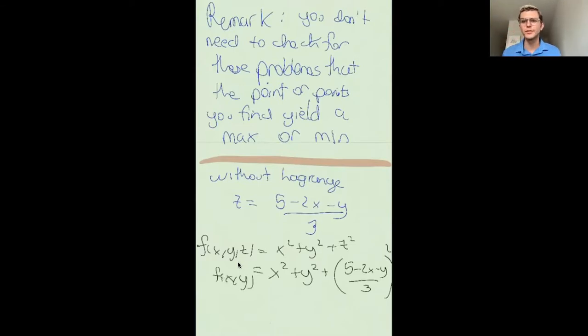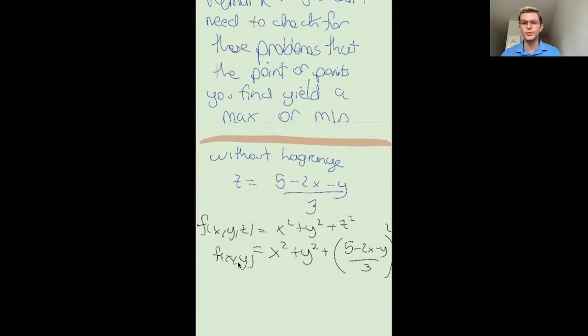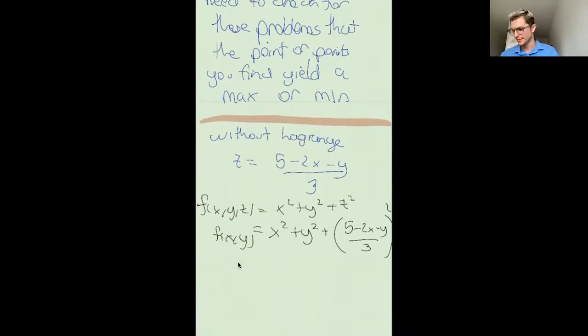You think of it as a function of two variables and just look for where the two partial derivatives are 0. Is that okay?